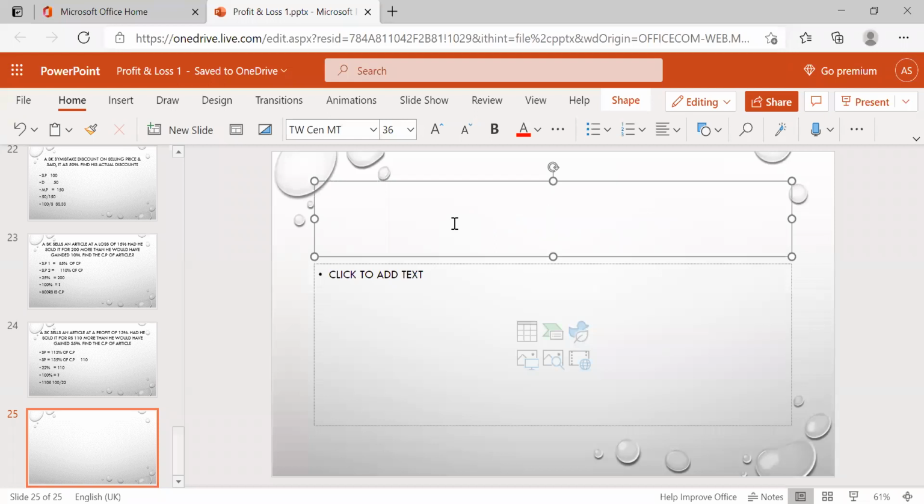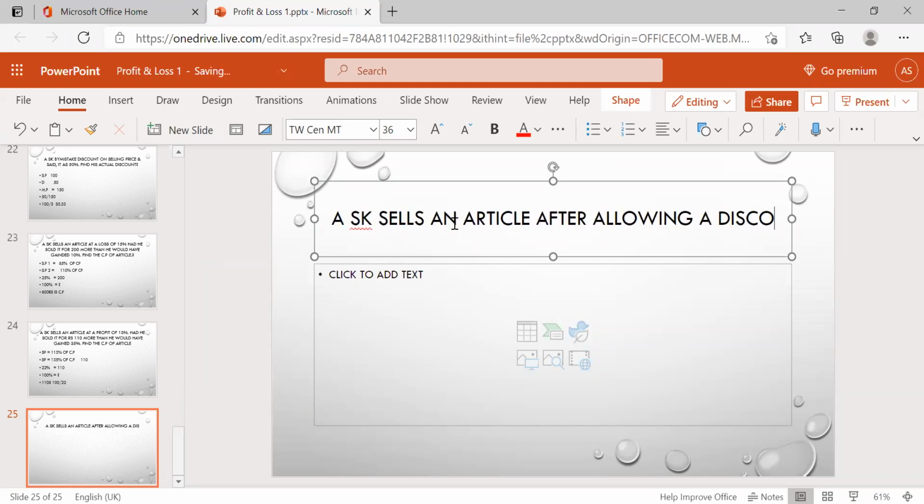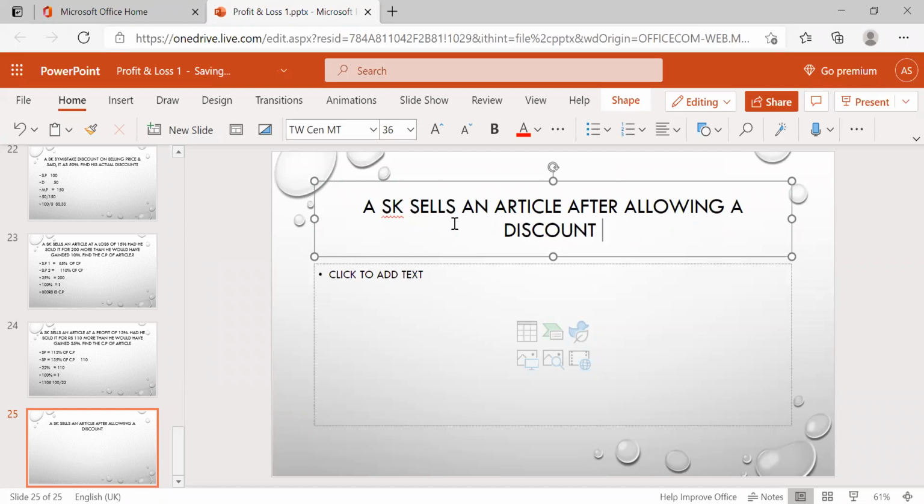Now different type of problems. A shopkeeper sells an article after allowing a discount of 20%. So it comes under discount problem.